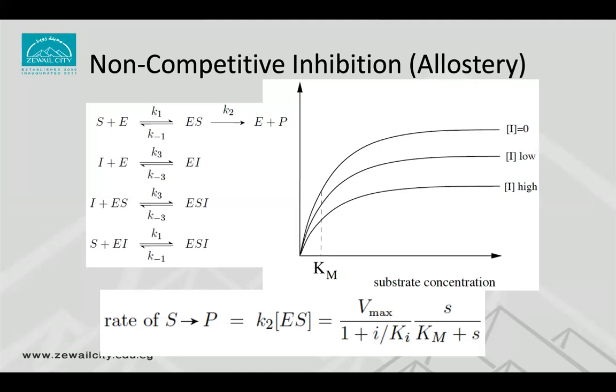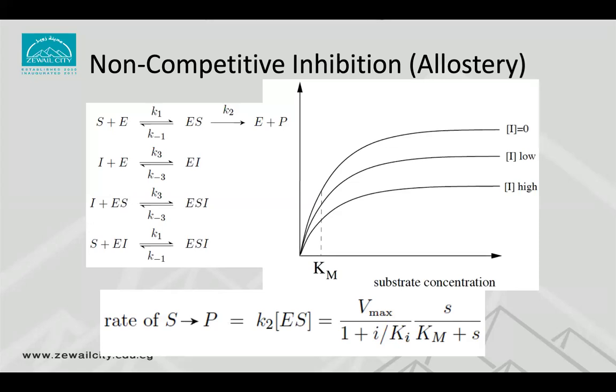And then we saw that there are different kinds of inhibition. In this inhibition, the inhibitor binds to the enzyme, but once the inhibitor is on, then there will be no product produced.